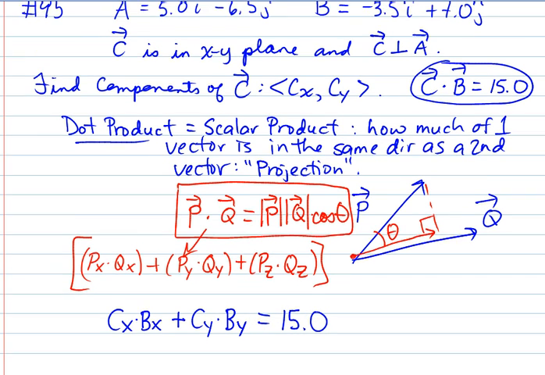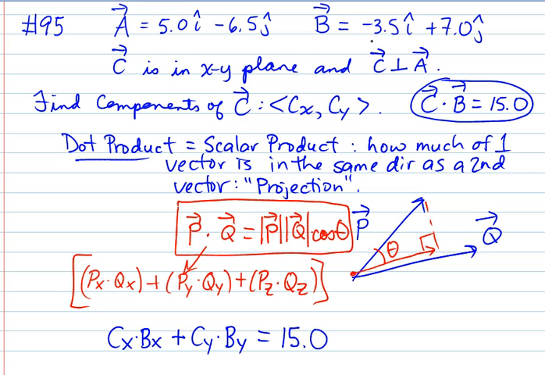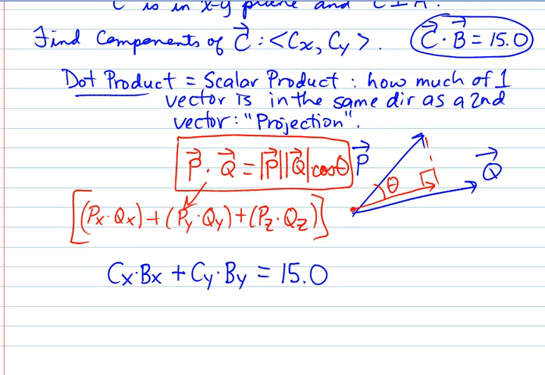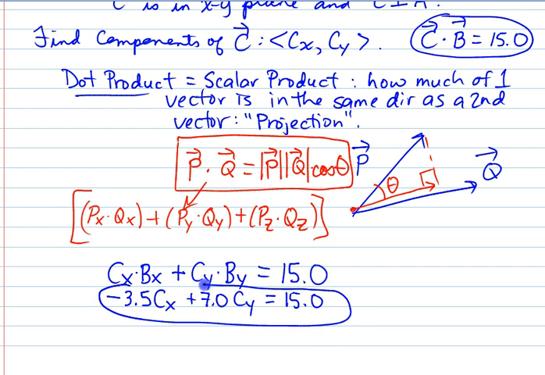We're given that Bx is negative 3.5 and By is plus 7.0. So this means negative 3.5 Cx plus 7.0 Cy is equal to 15. Here's an equation with two unknowns, Cx and Cy.